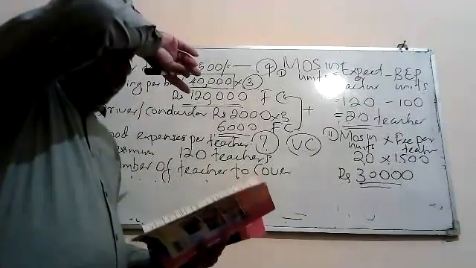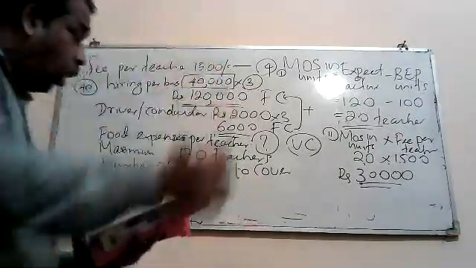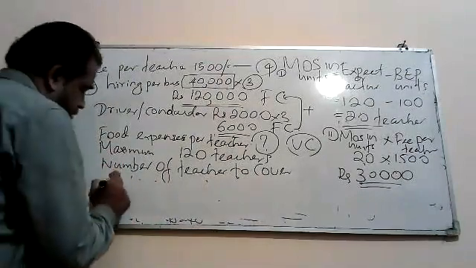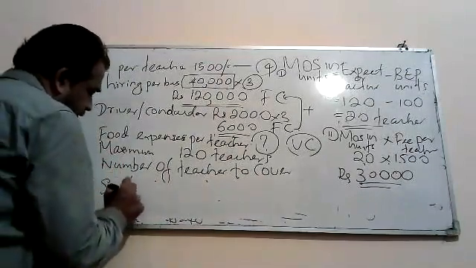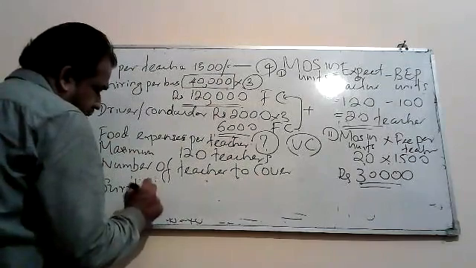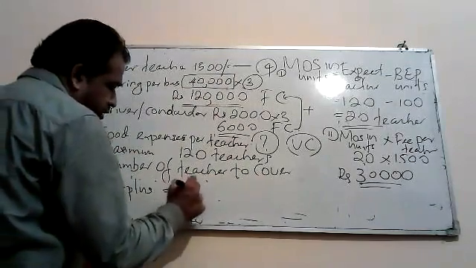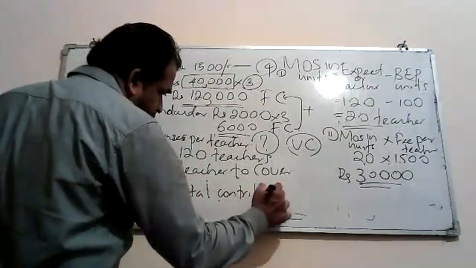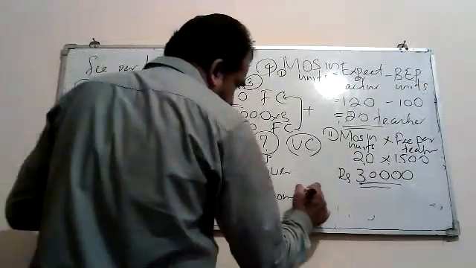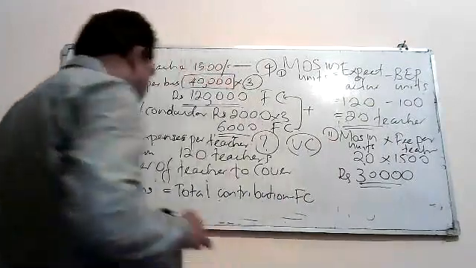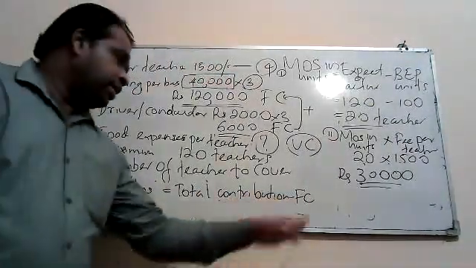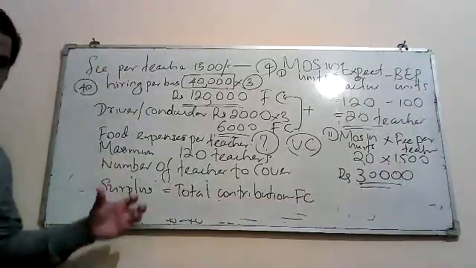Here we have total contribution. Surplus equals total contribution minus FC. Here surplus means the amount exceeding the fixed cost.